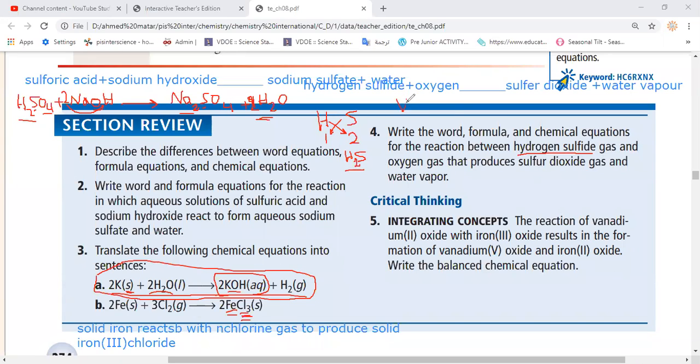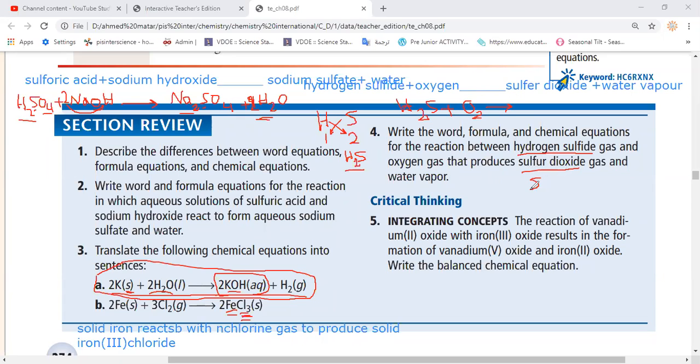So hydrogen sulfide H2S will react with oxygen. So it's supposed to be O2. O2 must be written with 2 because it's a diatomic element. As we know, all gases and the halogens are diatomic elements. So that will produce sulfur dioxide. What is the symbol of sulfur dioxide?